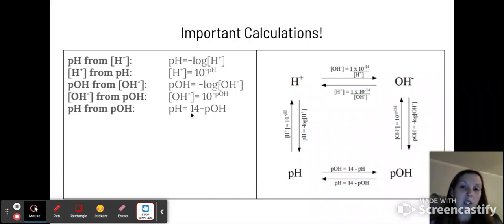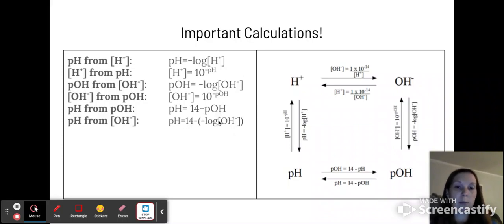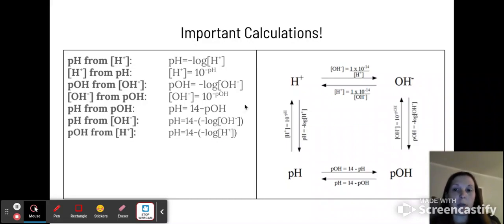So for pH, it's 14 minus the pOH. If you want pH from the OH-, you would have to do pH is equal to 14 minus the negative log of OH-, which is pOH. This one just happens to be more of a two-step problem. Same thing for pOH from H+: 14 minus the negative log of H+.